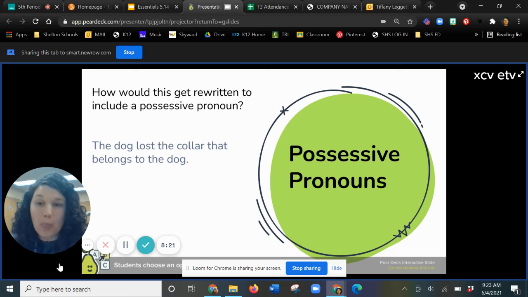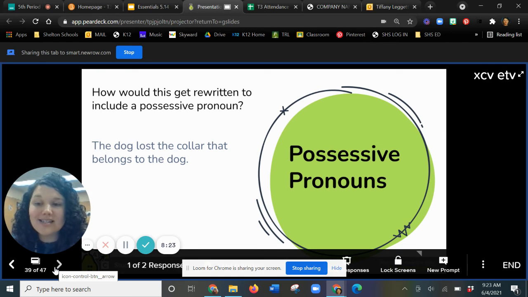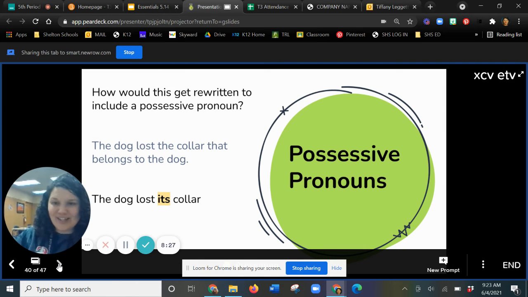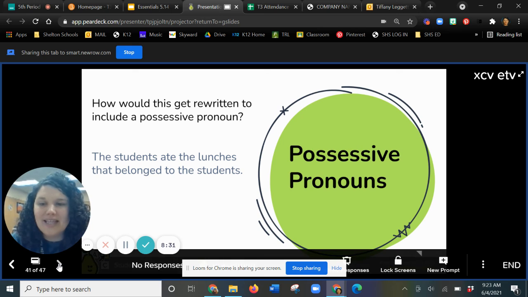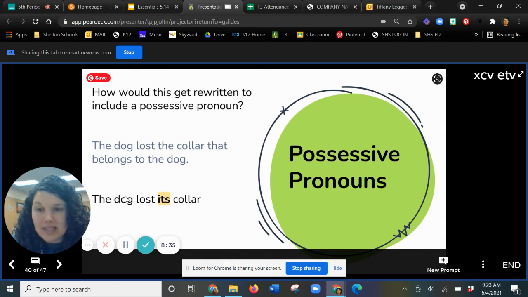We would say, the dog lost its collar. And in this sentence, the dog would be the antecedent.